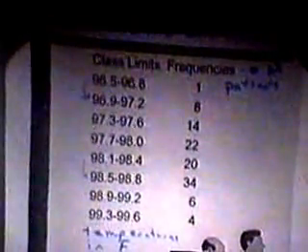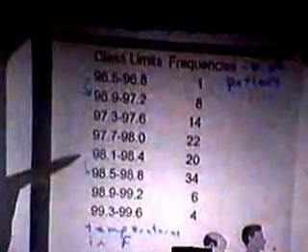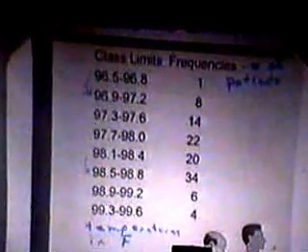For this distribution, we could see that between each class was always a 0.4. So the class interval was the same all the way down this frequency distribution.